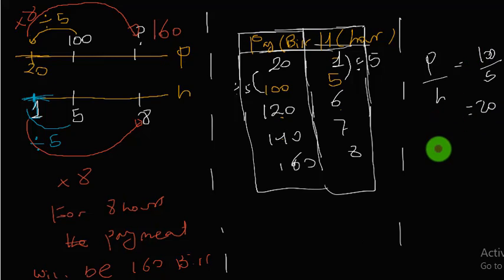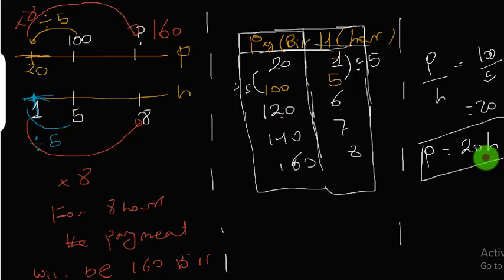When you cross multiply, you have P equals 20 times H. But you need to understand what this equation means. This equation is telling you that for every hour you work, the payment will increase by 20. This is kind of the slope, the rate of change.